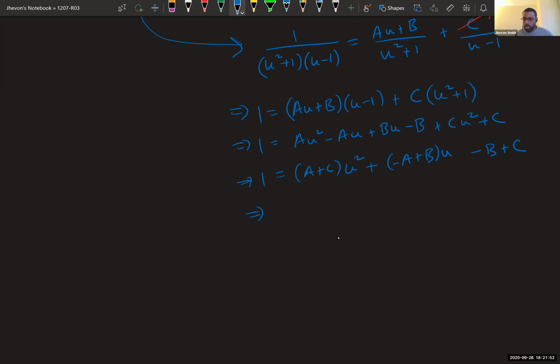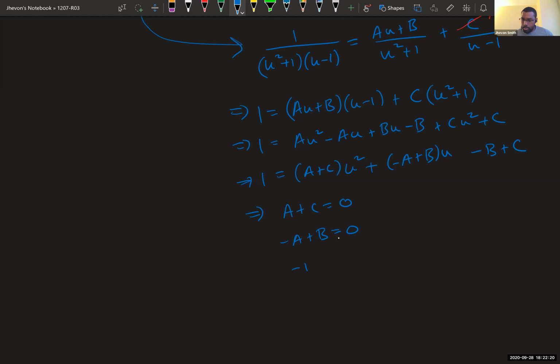I got that a equals negative 1/2 and b also equals negative 1/2. Yeah, but give me the system. I put 0u squared plus 0u plus 1, and then I plugged in c, so I had that a plus 1/2 would have to equal 0. And then I plugged that into my b minus a and found that b also has to equal negative 1/2.